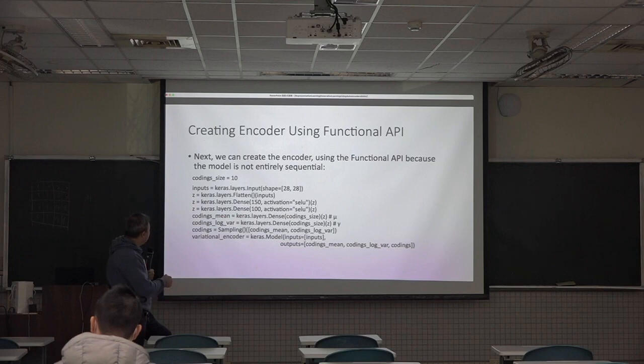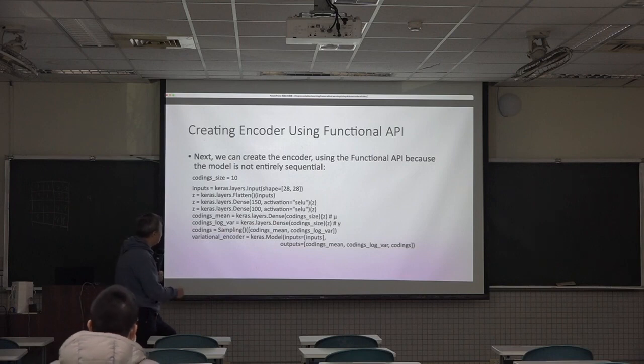And then for the same layer, it will be used to create the coding mean. So this Z, we use a dense layer to create this coding mean, and we also use the same input to create the coding log var, which is gamma, using a dense layer.